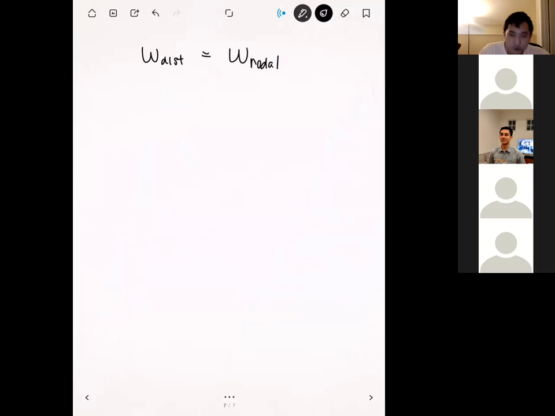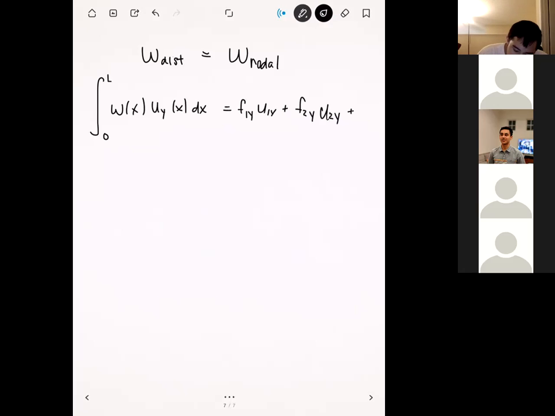We wanted to form this equivalence between W distributed and W discrete, where W distributed is given by this expression: the integral of w of x times Uy of x dx is equal to f1y u1y plus f2y u2y plus m1 theta 1 plus m2 theta 2.